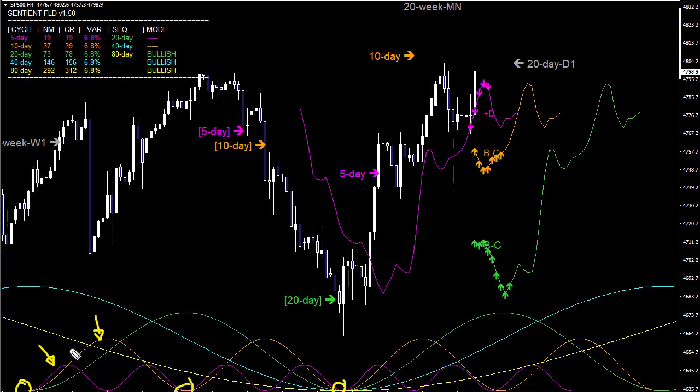They also obey the principle of harmonicity. In other words, the relationship between the wavelengths in all of the cycles in our sentient FLD indicator have a ratio of 2:1. I presented the nominal model to you in the previous video, and of course the nominal model is reflected in your sentient FLD indicator in this table over here at the top left of your chart.